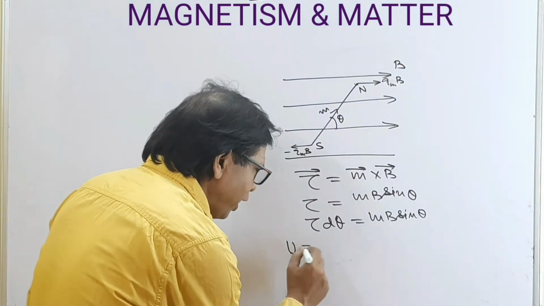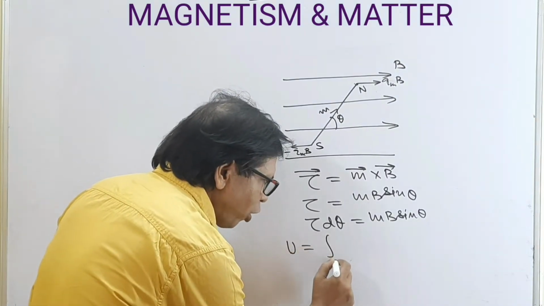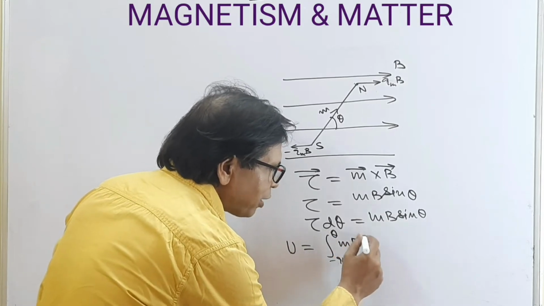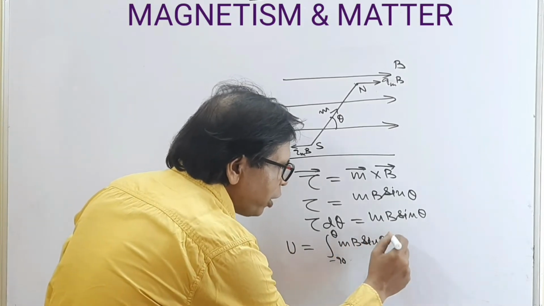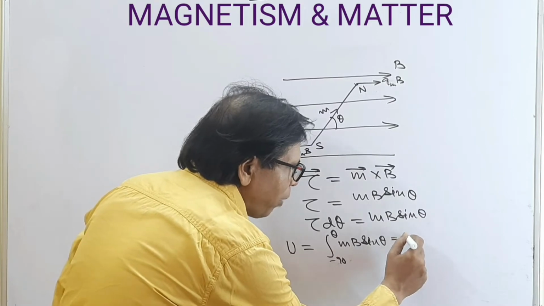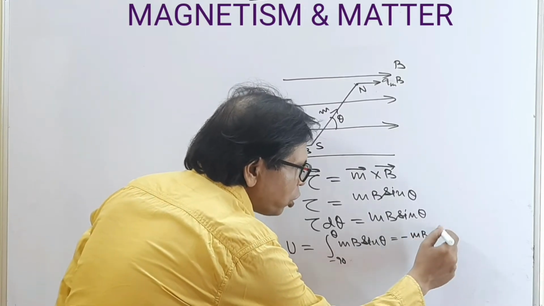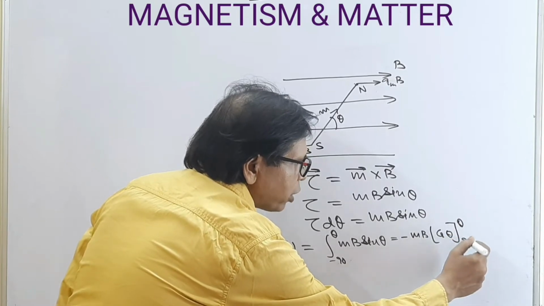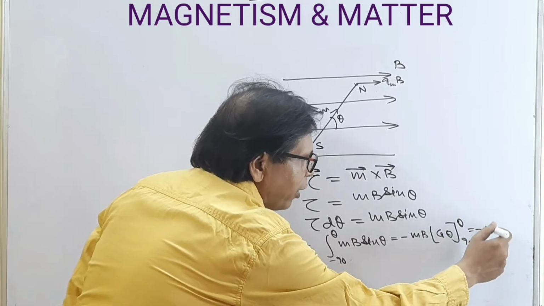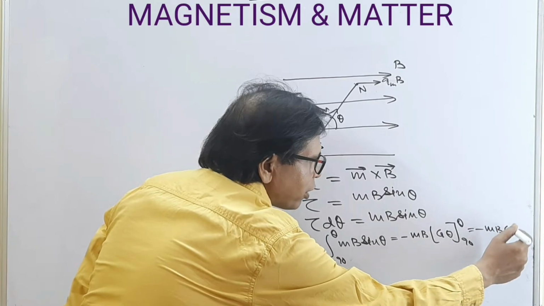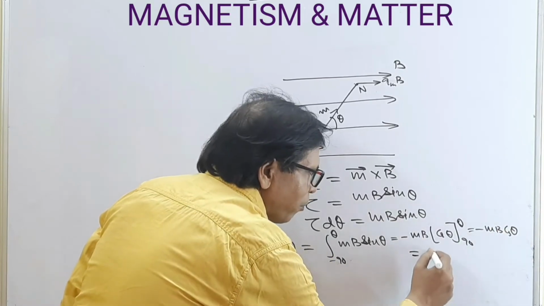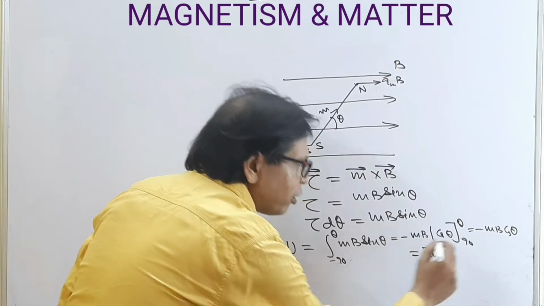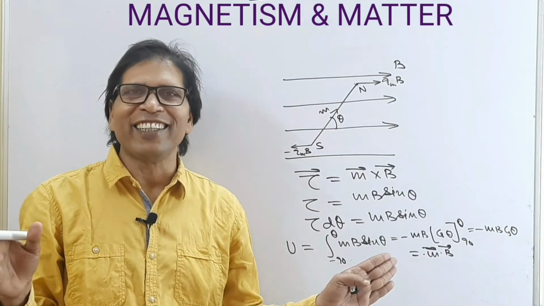Therefore the potential energy is the integration from 90 degrees to theta of mB sin theta d theta. This expression becomes minus mB cos theta evaluated from 90 degrees to theta, so this is minus mB cos theta. So minus m vector dot B vector is the potential energy.